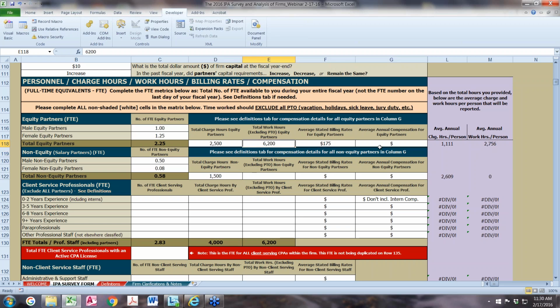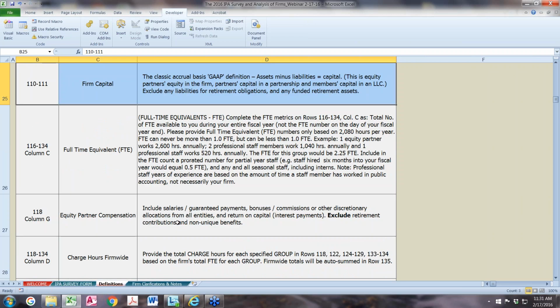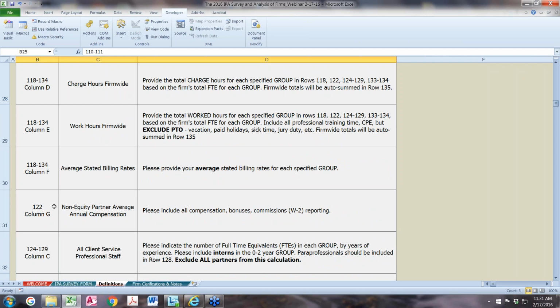Column G is looking for average compensation for the individuals in this group. Again, looking at the definitions tab, you will find definitions for what we're looking for.